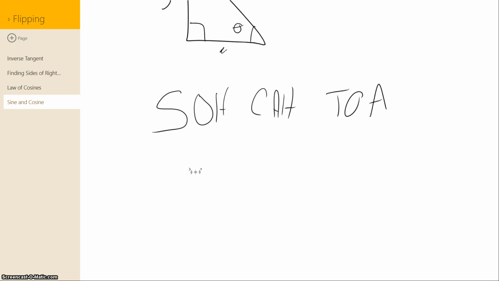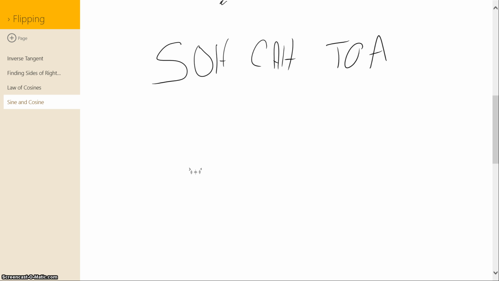SOH CAH TOA is simply explaining how tangent and then two other trig relationships, sine and cosine, work. Okay, so let's break this down by letters. So S, that just stands for sine. We usually write it S-I-N, that's what it's on the calculator. It's actually sine with an E at the end.